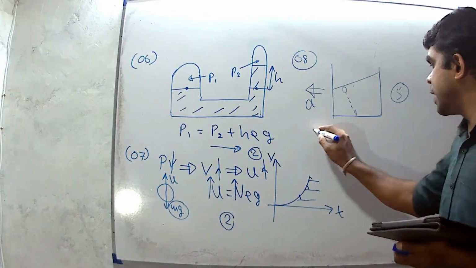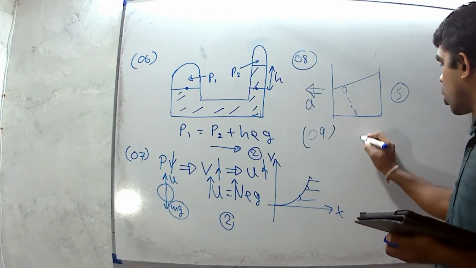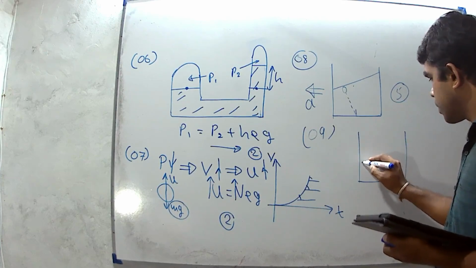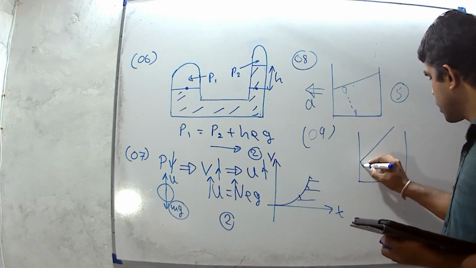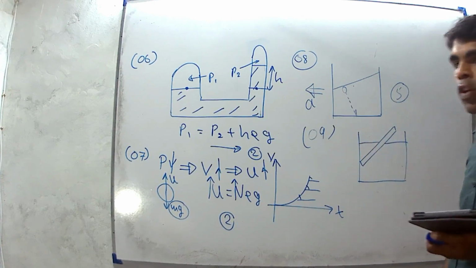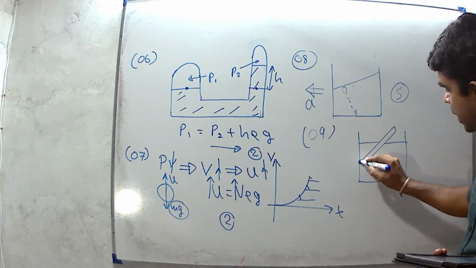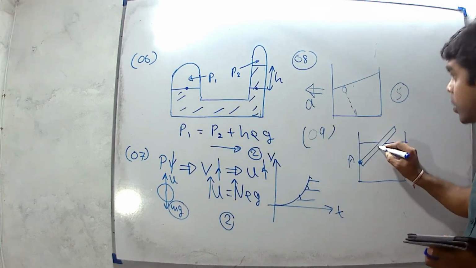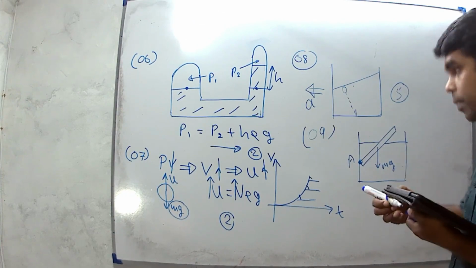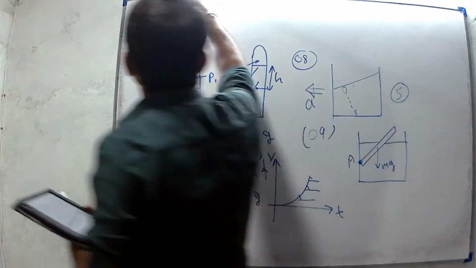Then we can consider the rod. When considering the rod, there are two forces. A is the hinge point. First force, weight, mg.